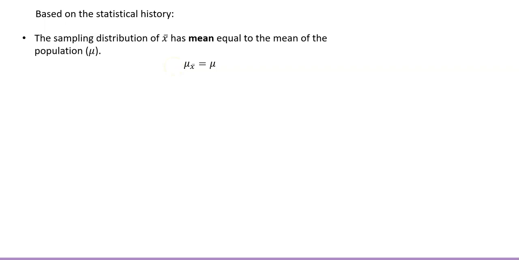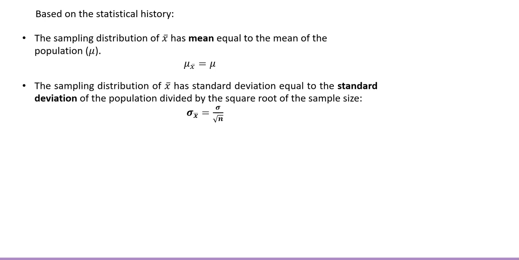How about the standard deviation? We notice that it changes, right? It depends on the sample size. Well, we'll need to use a little formula to calculate the standard deviation of the sampling distribution of x bar. And that's what this formula looks like. To find the standard deviation of the sampling distribution of x bar, we have to take the population standard deviation and divide it by the square root of n.